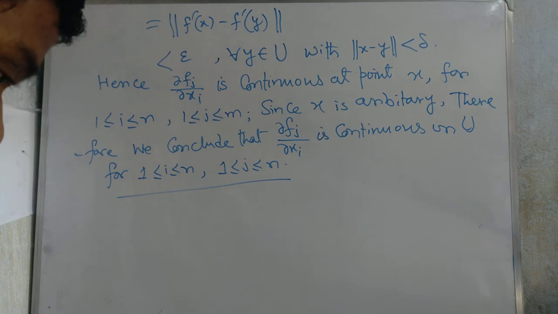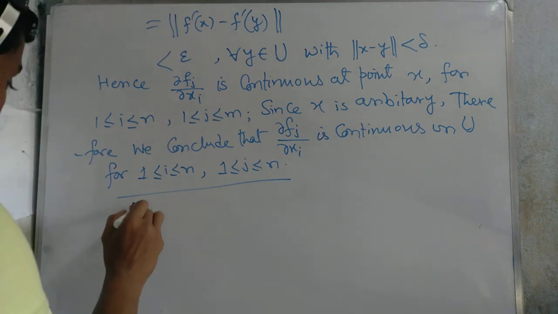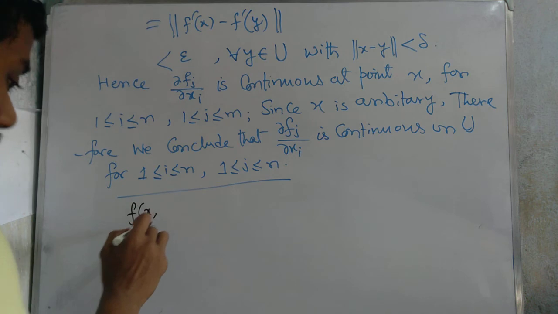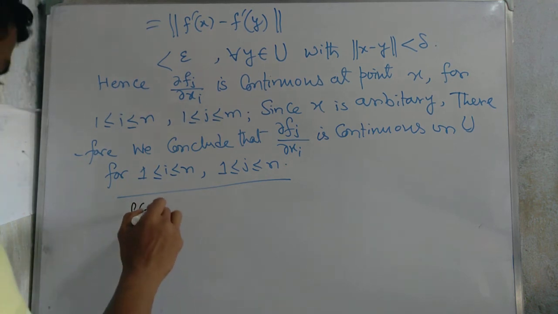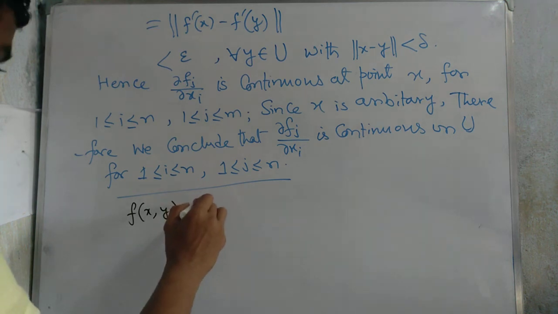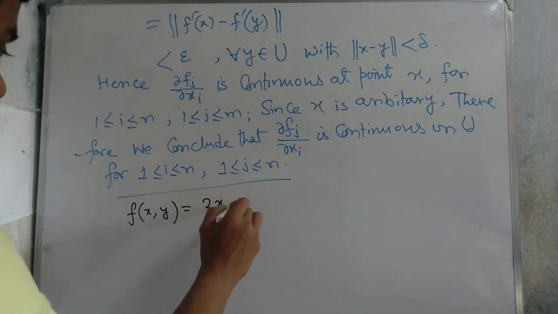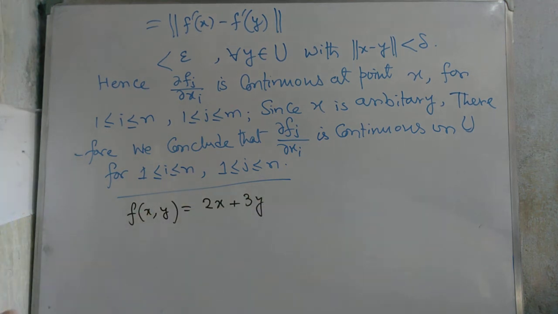We just look at this theorem and check whether it is right or wrong. Let us construct f(x,y) equal to 2x plus 3y. A simple example.